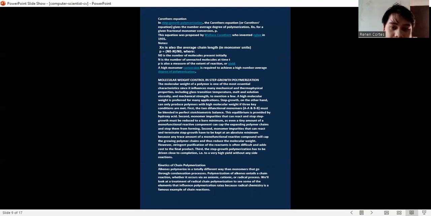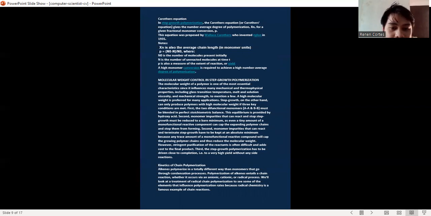Molecular weight control in step growth polymerization. The molecular weight of a polymer is one of the most essential characteristics, since it influences many mechanical and thermophysical properties, including glass transition temperature, melt and solution viscosity, and mechanical strength, to mention a few. A high molecular weight is preferred for many applications.